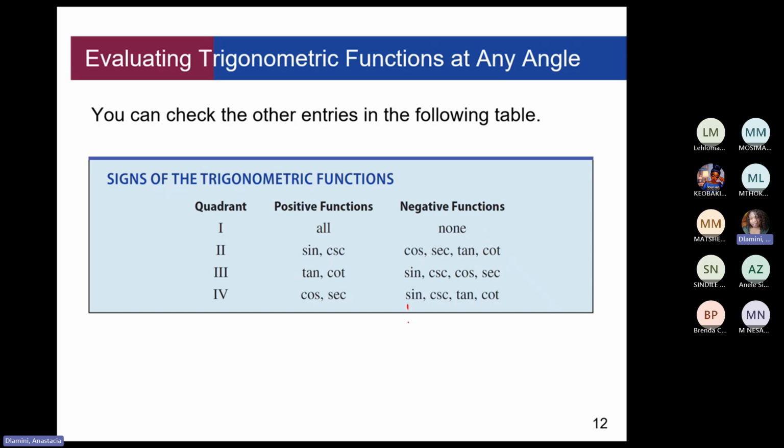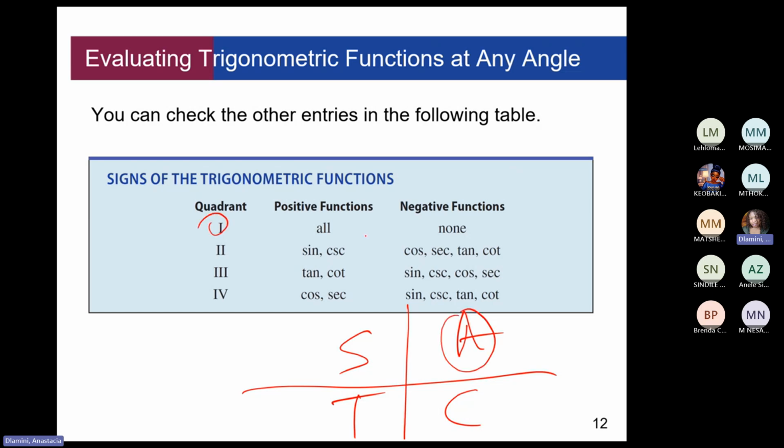So, as we said, the Anastasia diagram or the cast diagram, some people will call it something else. It says that in the first quadrant, all of them are positive. Do you see that? In the second quadrant, only sine is positive, and cosec, because cosec is one over sine, and all of them are negative.